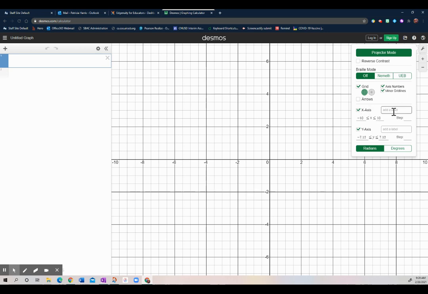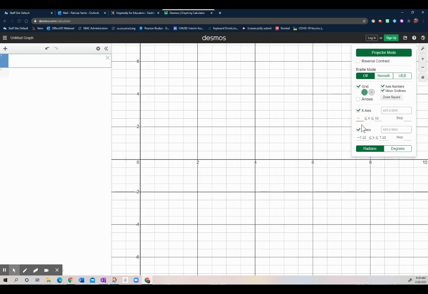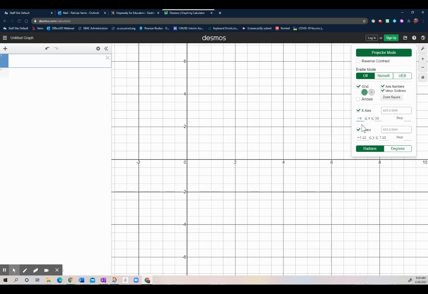Okay, so what we're going to do is we're going to change our x-axis because we are dealing with radians. So what I'm going to do is I'm going to change this -10 to a -pi, and I can literally type in the word pi, and it's going to change it to the Greek letter pi.